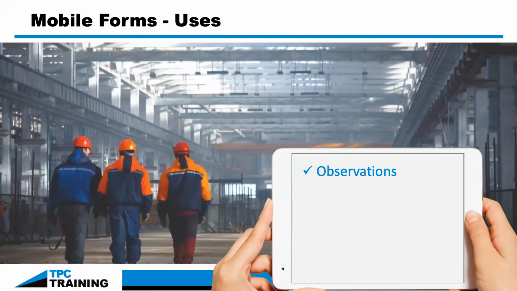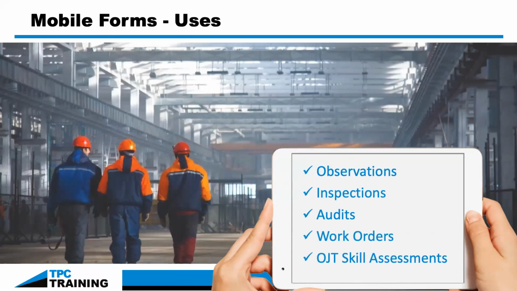Any sort of inspection, an audit, work orders, even on-the-job training skill assessments. Like I said, pretty much any kind of paper form that you're using may be a good fit for a mobile application.